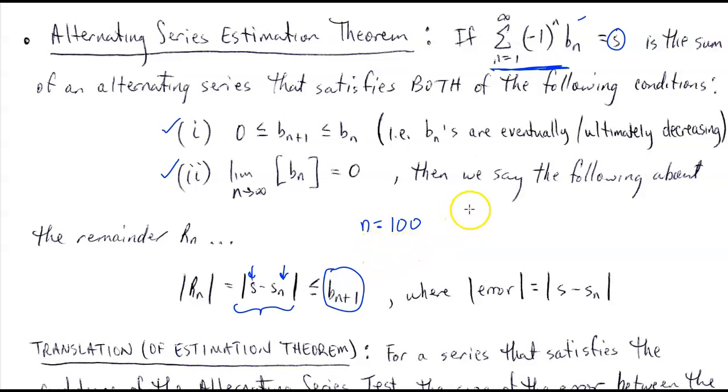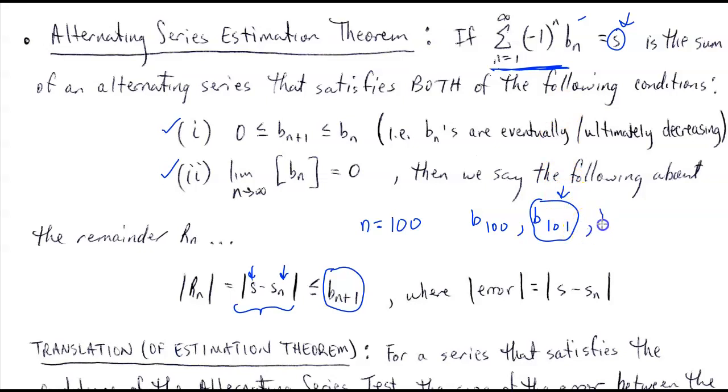Then the last term we would be adding up is b sub 100, and after that we'll have the 101st term in that sequence. And what we're saying here is that the remainder, how much we're off from the actual value, can't be any more than this particular value here.